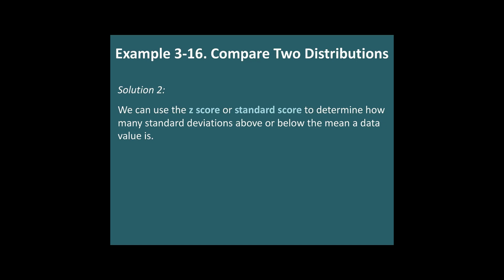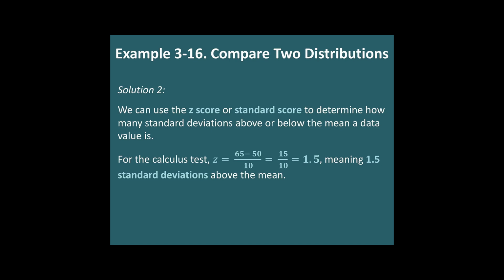Another way to solve this, we can actually use the z-score or standard score formula to determine how many standard deviations above or below the mean a data value is. For the calculus test, z equals 65 minus 50 divided by 10, which once again leaves us with 1.5, meaning 1.5 standard deviations above the mean.